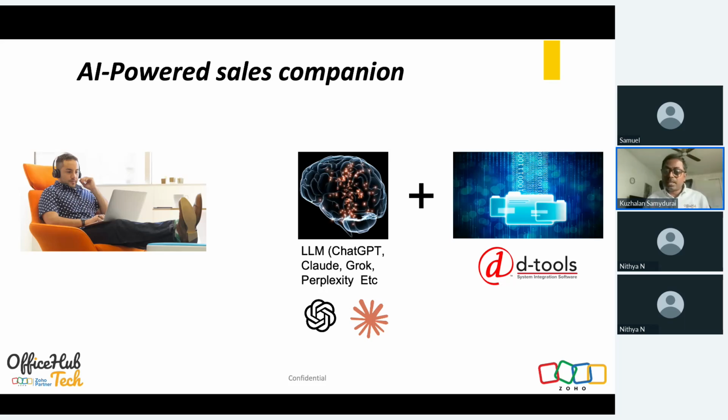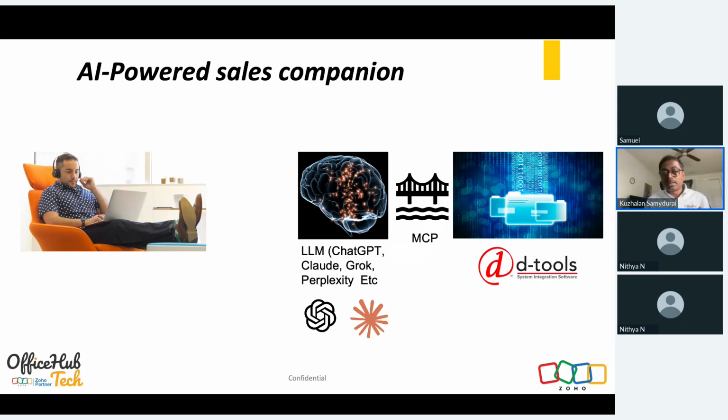With that objective, we built something called a bridge between DTools and the LLM, right? Definitely, we need a bridge, a connector to bring data, right? And that bridge is MCP. What is MCP? MCP is Model Context Protocol, and that acts as a bridge between your business tool. Here it is DTools.